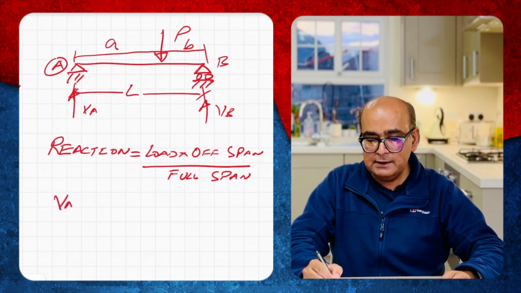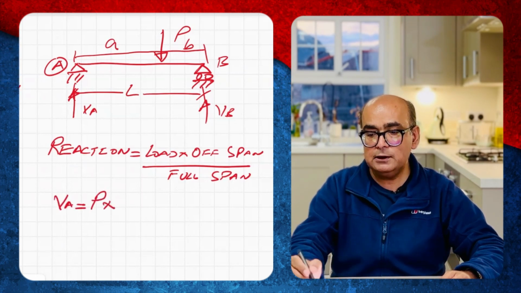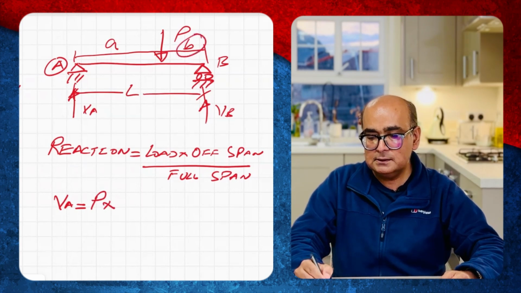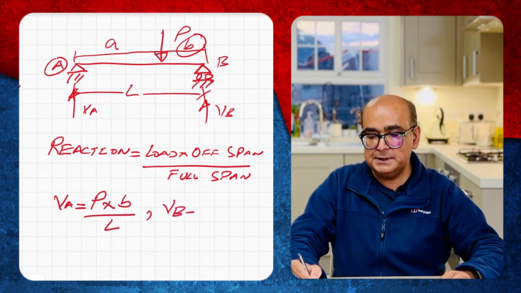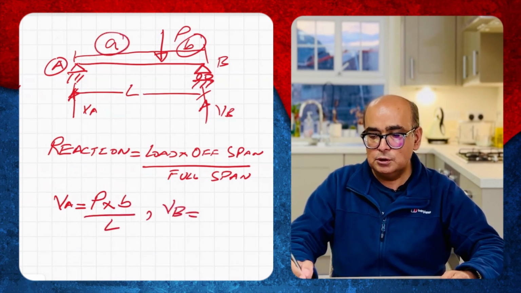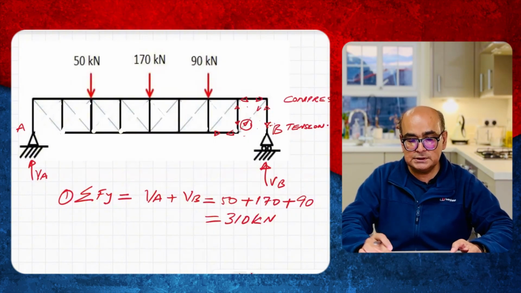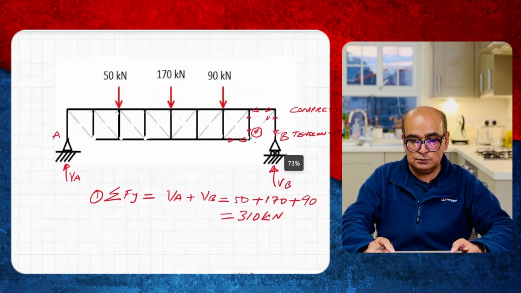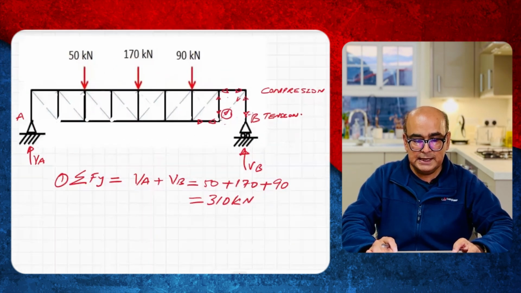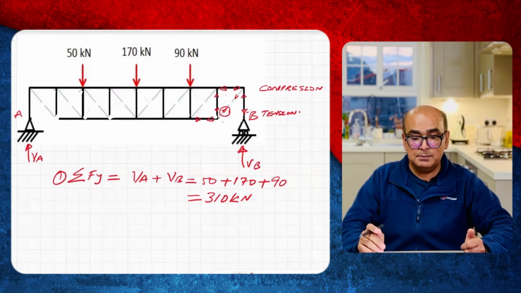So VA will be equal to P times, for A off-center point is B, so PB divided by L, and VB will be equal to load, which is P times off-center distance A divided by L. Now I will use this logic to find out reaction not only at A but B as well.